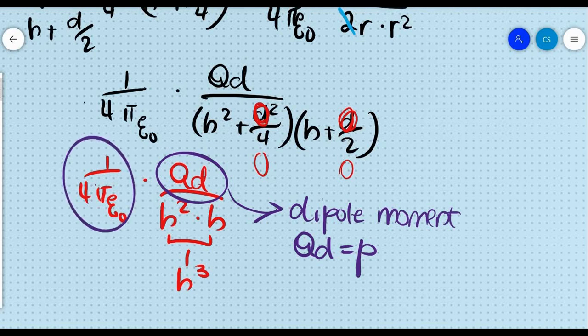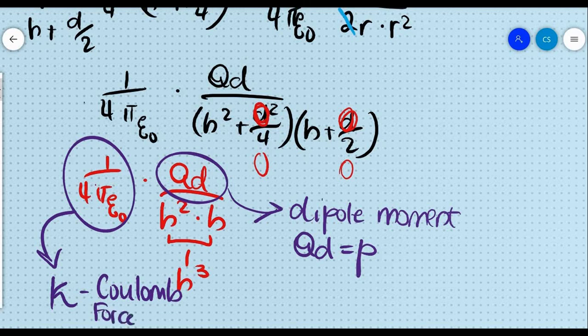And also 1 over 4 pi epsilon naught is equal to large K, which is the Coulomb force constant.